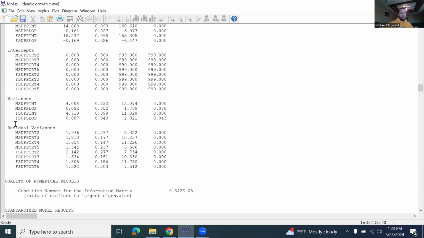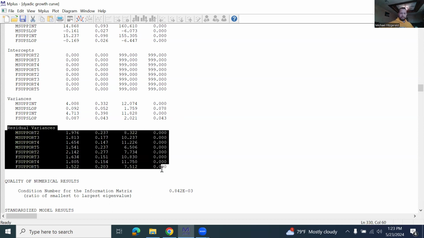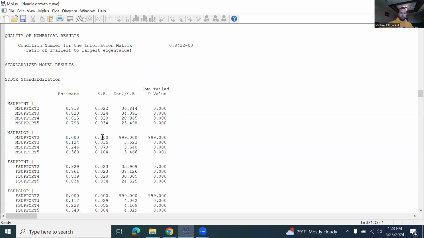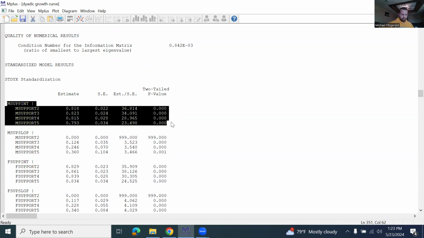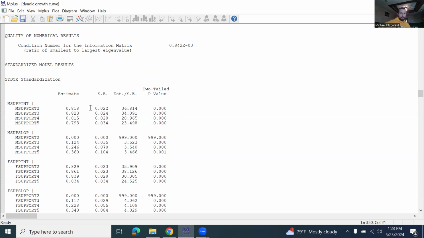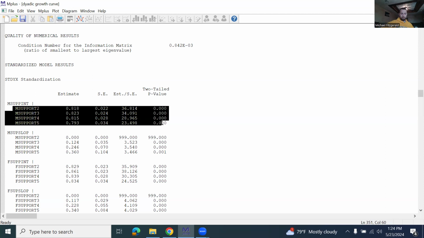All right. And so we also have our residual variances down here. And it's always good to look at the standardized loadings. So for the intercept, we can see this is for males, that all of these standardized values are the same, which means that we've done a good job at identifying the intercept, and it is accounting for roughly the same amount of variance in our repeated measures of marital support over time.